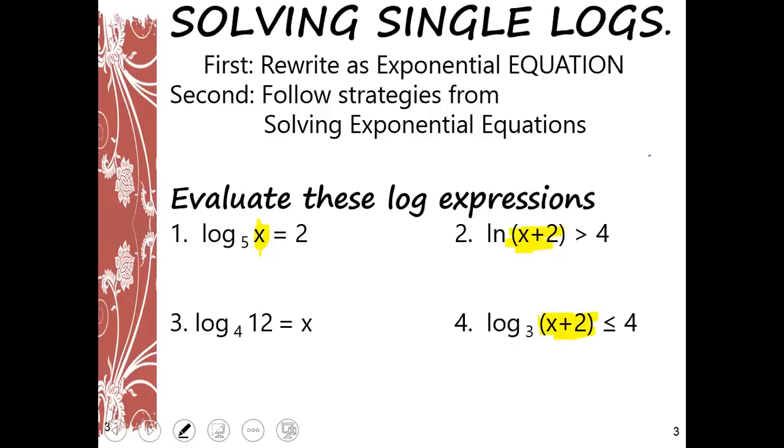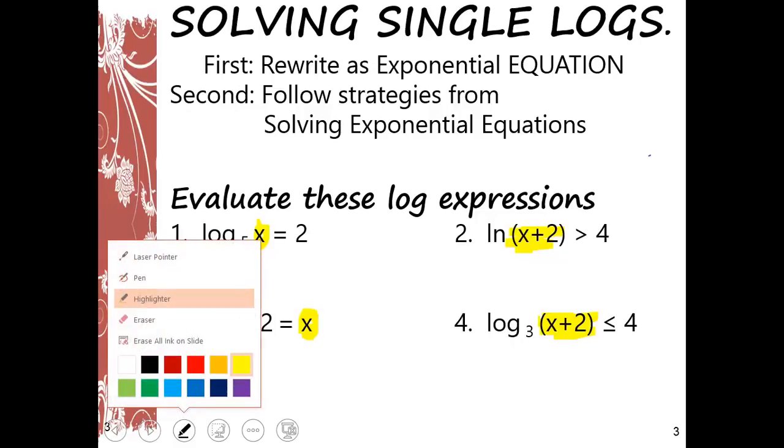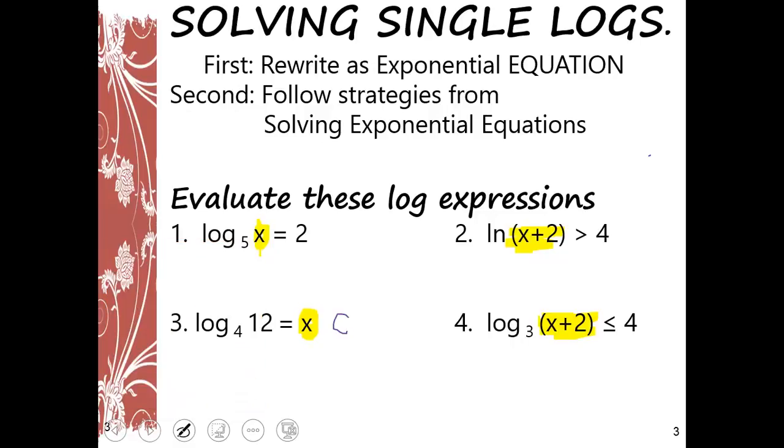But look at this one. This one is over here. This is the answer to an exponent. So what did we just learn we could use with this one? We could use change of base.